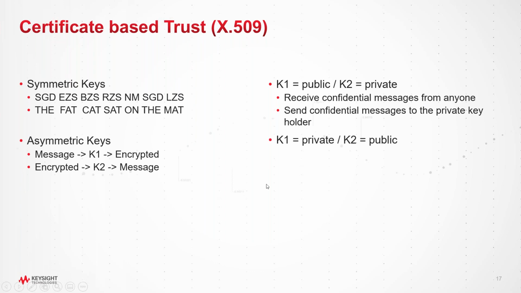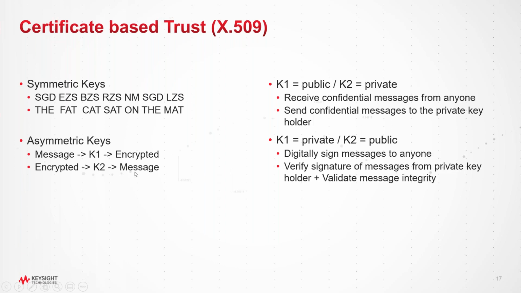Now, if we reverse this, if we make the first key private and the second key public, we get what is called a digital signature. So what does that mean? That means that if I take a message, I can encrypt or sign the message with a private key, and then anybody with the public key can verify that signature or decrypt it.